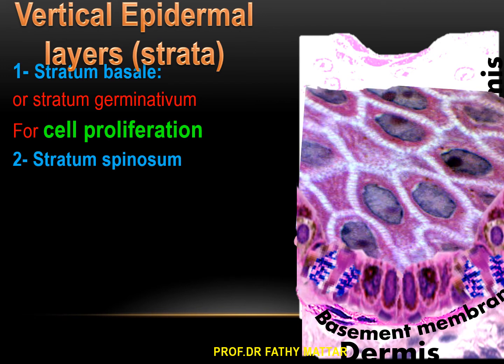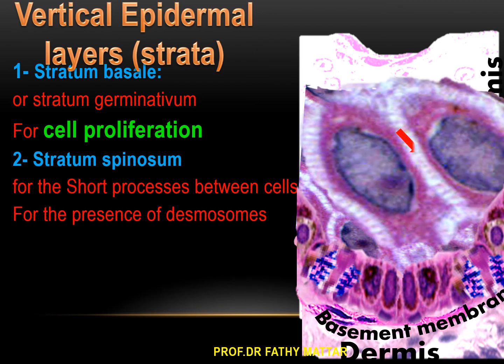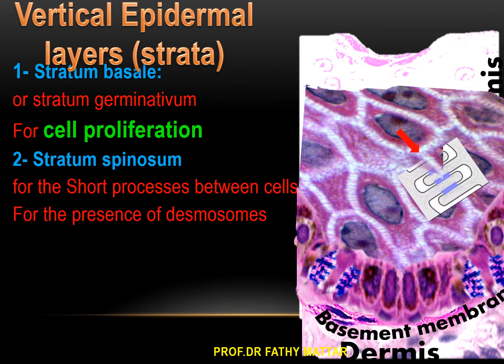The stratum spinosum are cells which have short processes between them, and the short processes are called spines.